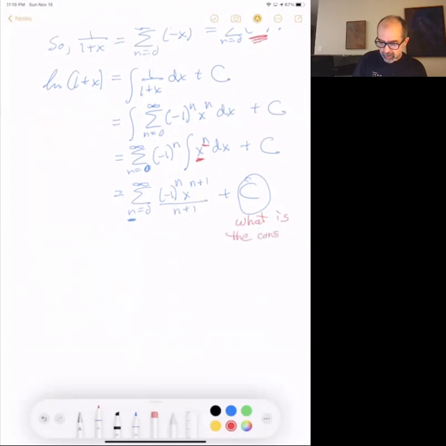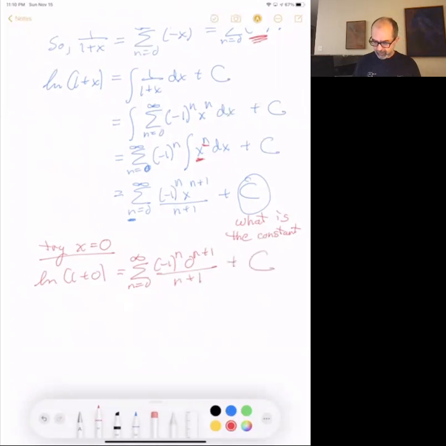The way to do that is to go back to the beginning. Try x equals 0. Then you have natural log of 1 plus 0, and then this is going to be the sum from 0 to infinity of negative 1 to the n, 0 to the n plus 1 over n plus 1, plus my c.